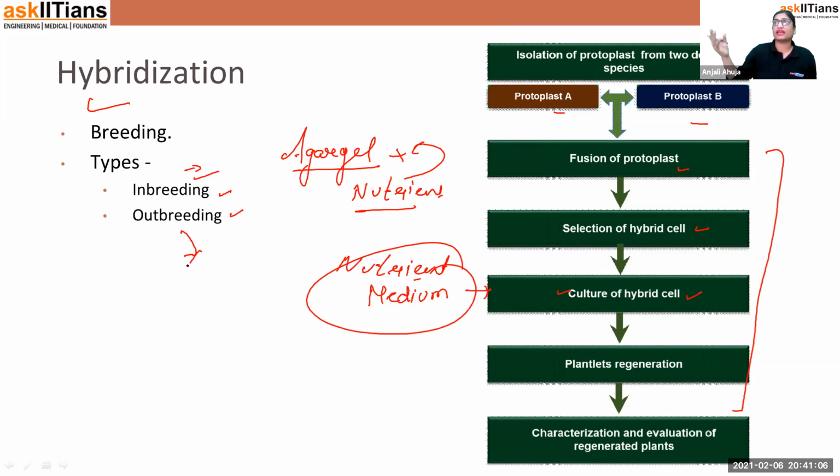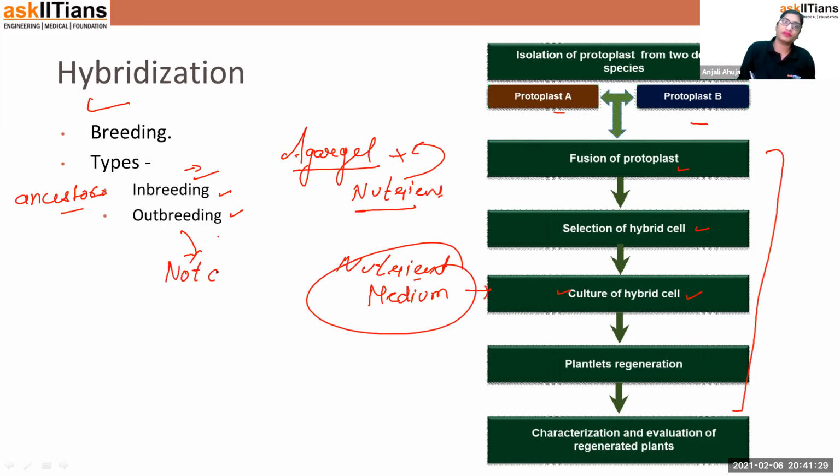Outbreeding is when I am taking an outer category, an outer variety. In inbreeding, you may say there is a common ancestor. Ancestor, kids, not in humans, I'm saying kids as in plants, and then they're crossbred. This is inbreeding. Outbreeding means when the ancestor is not common.